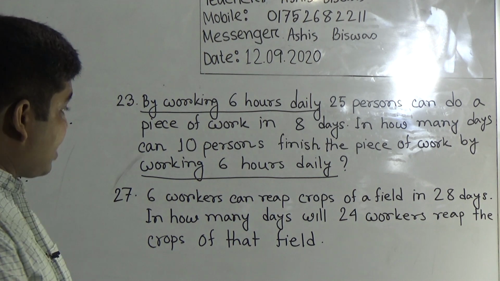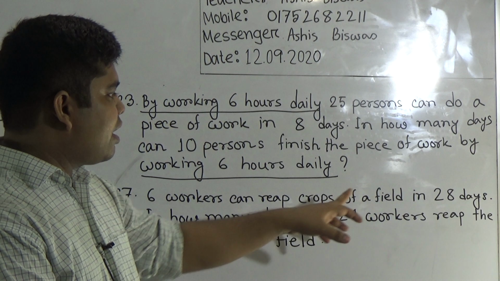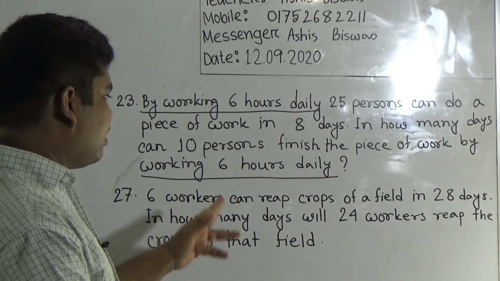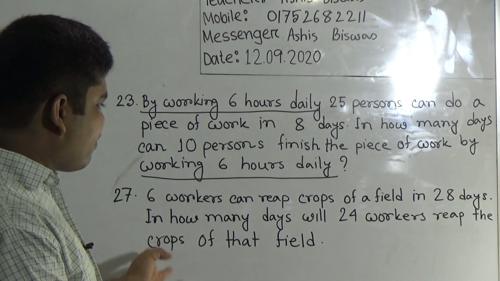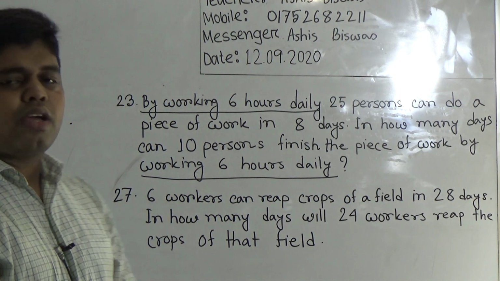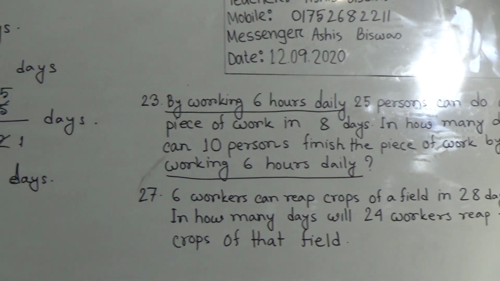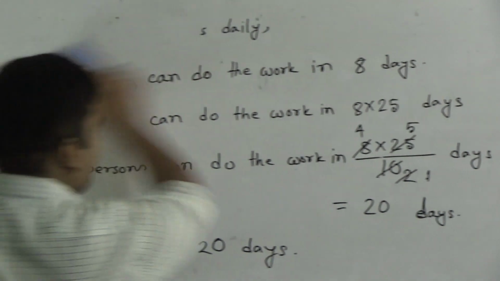That means at first we write 6 workers can reap crops in 28 days, and in how many days can 1 worker reap the crops? And finally we find out in how many days 24 workers can reap the crops. Okay, to solve question number 27, we erase 23.